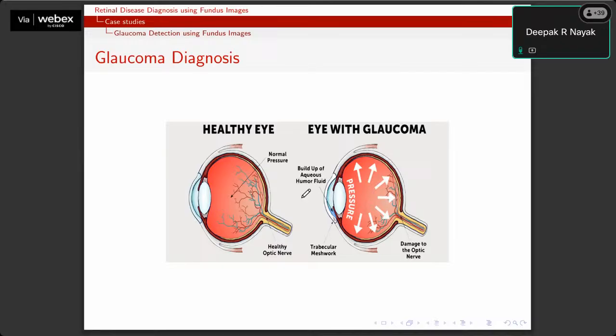Our eye always produces a fluid called aqueous humor that nourishes our eye. This fluid drains out through a mesh-like structure known as the trabecular meshwork.